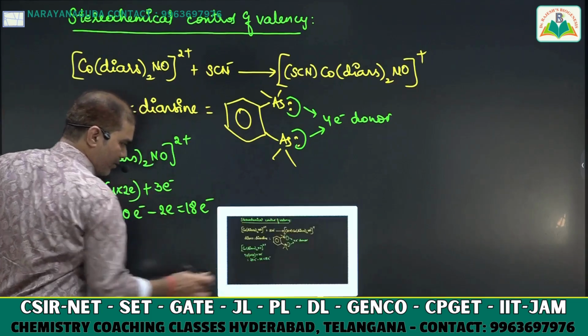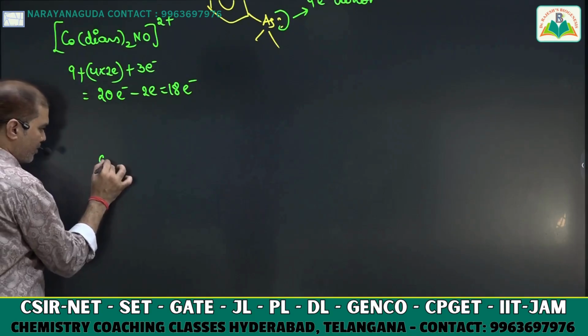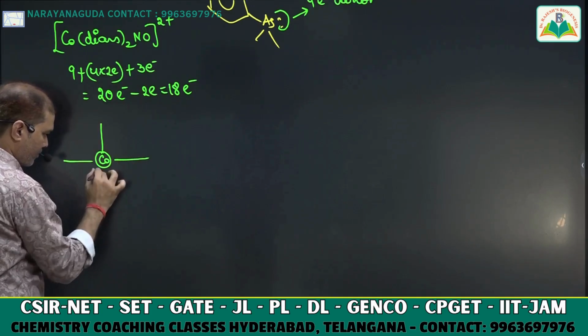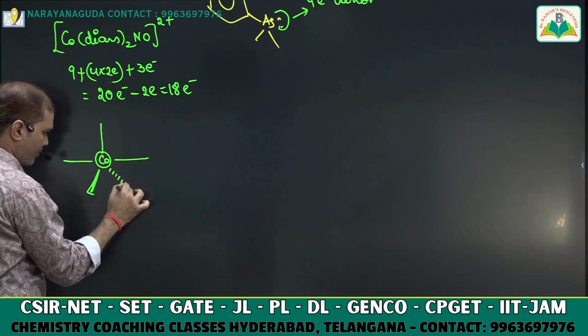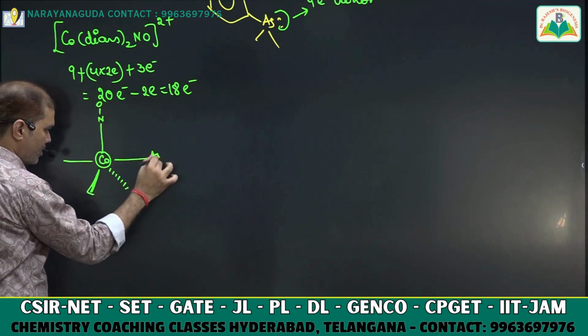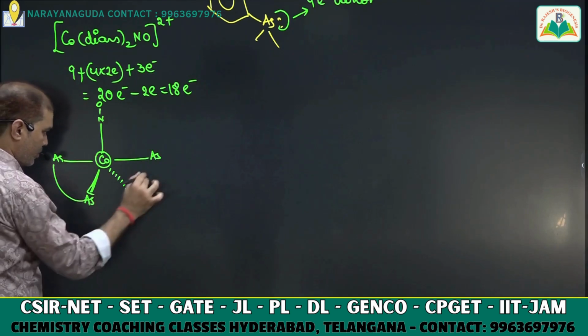Now if we draw the structure of this 18 electron system, cobalt, here is NO, and here is diarsine, 2 diarsine ligands.